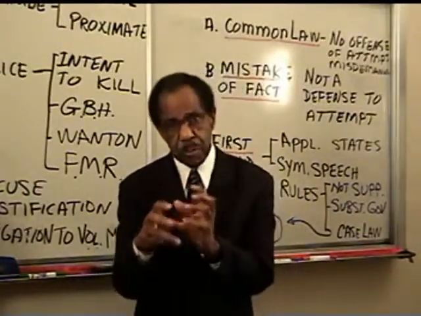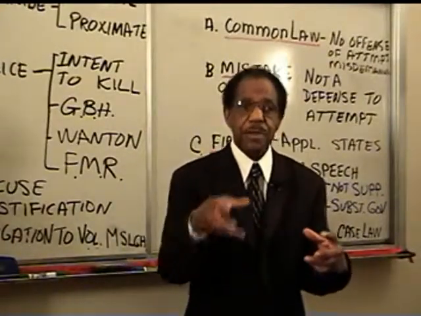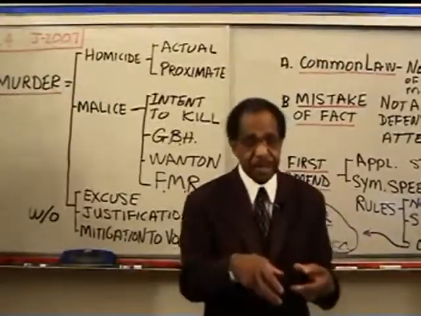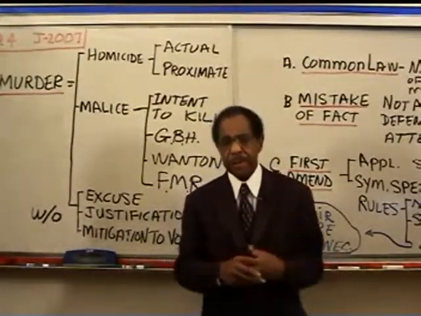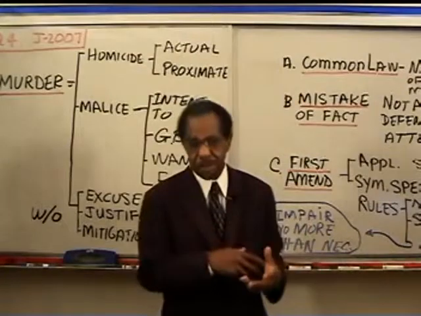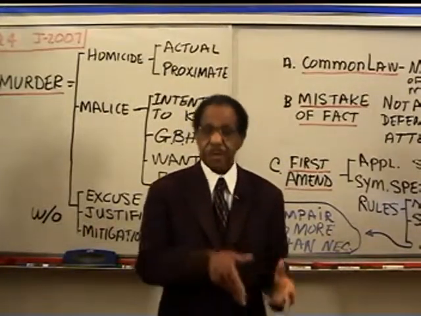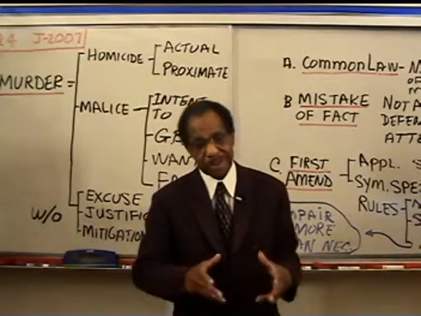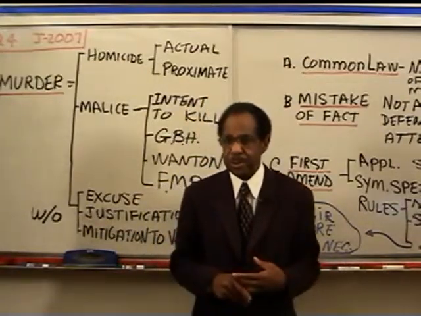But if the government wants to impair your symbolic speech, what are the standards? That's the problem we have here. What Dan has done is obviously symbolic speech, and the government has passed a statute saying you can't do that. Well, is that impairing his right to symbolic speech too much?